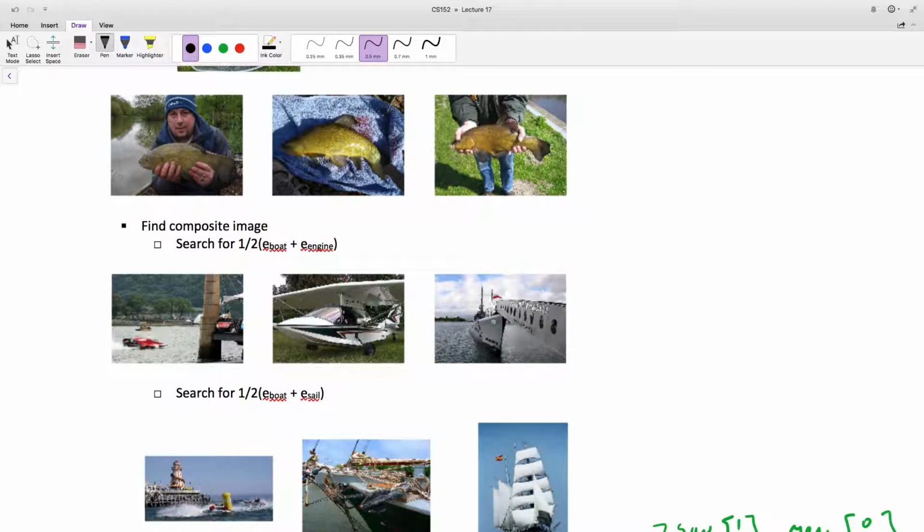Neither boat nor engine is in the 1,000 ImageNet categories. And we get something that looks boatish here, and I can't quite tell what's going on. These are really poor. I don't know why they ended up so poor. Well, this has an engine, right? Is it a boat?